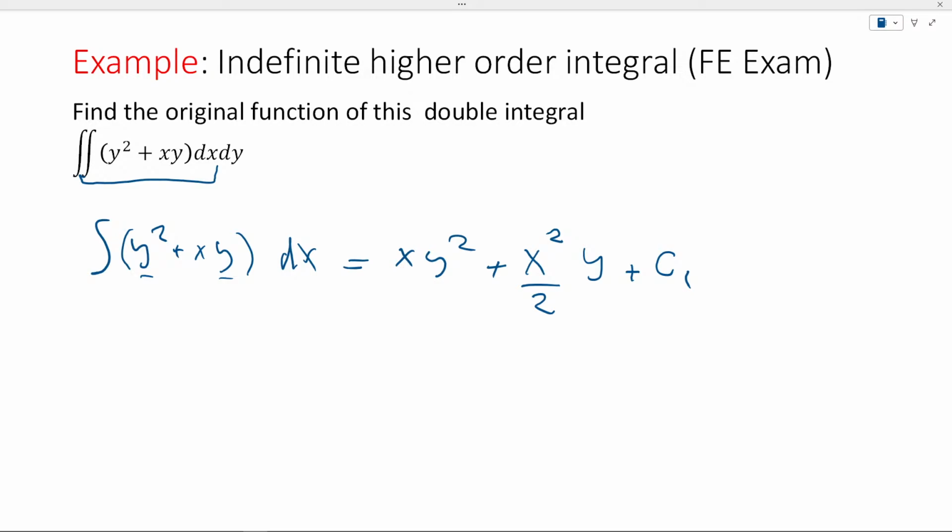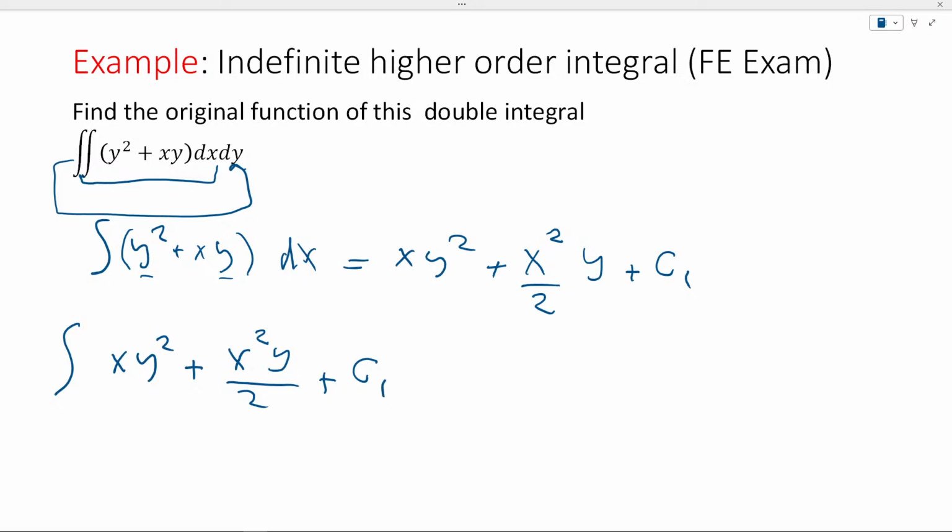Now I can do the second integral, the outer integral. So this would be x plus x squared y squared over 2y, plus my constant 1, and I'm integrating these with respect to dy. Now x will be treated as constant.